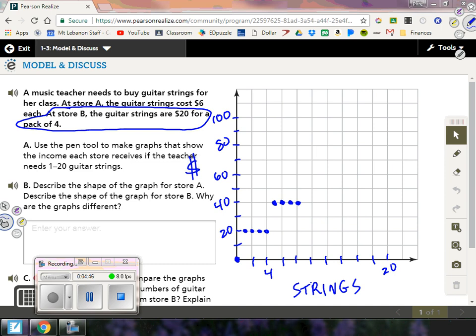Got to buy another 4-pack, so your price jumps up to $60. Keep going. Jump up to 80. Jump up to 100 if you need 17, 18, 19, or 20.